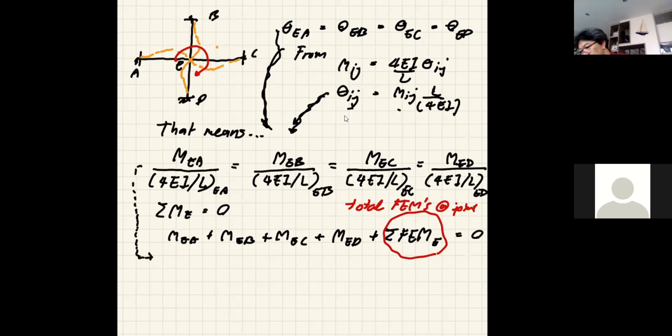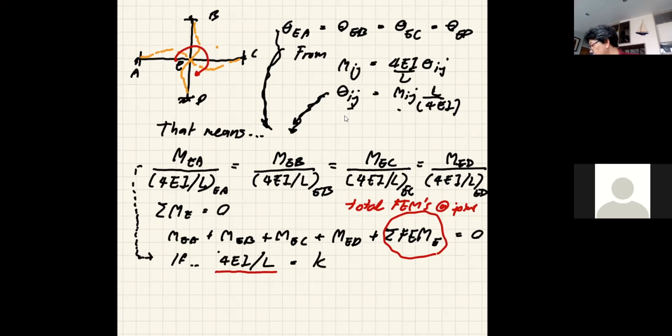Okay, and if 4EI over L is called K, you should begin to realize that this is the stiffness of your member under bending. This stiffness relates moment to rotation, and it becomes the value of the stiffness of any typical member.